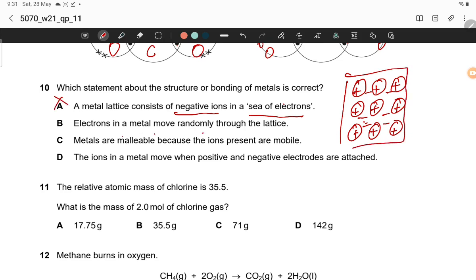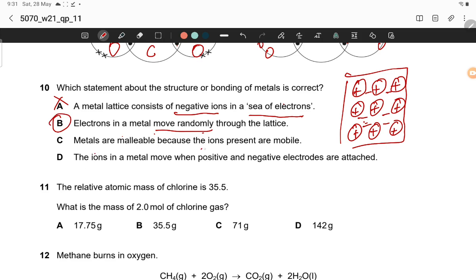Electrons in a metal move randomly through the lattice. Electrons move delocalized and randomly, it is the same thing, so this B must be correct.